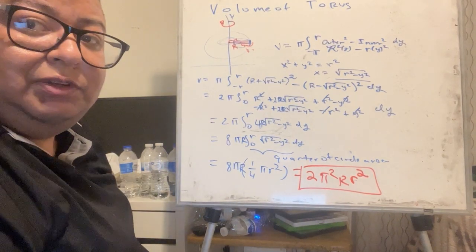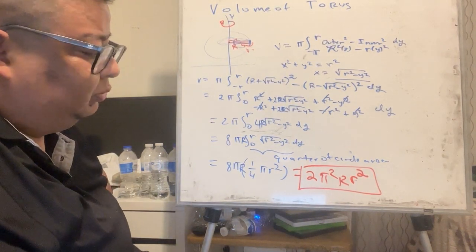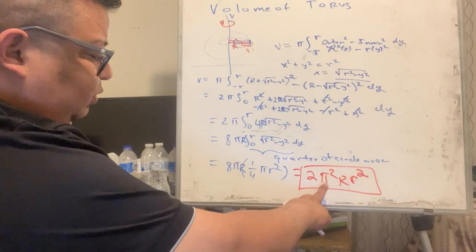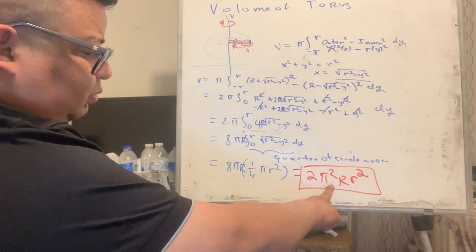So that will be the volume of the torus: 2 pi squared R r squared.